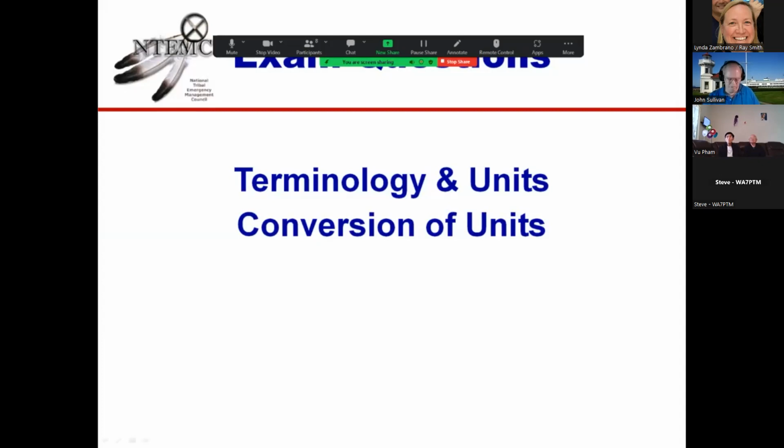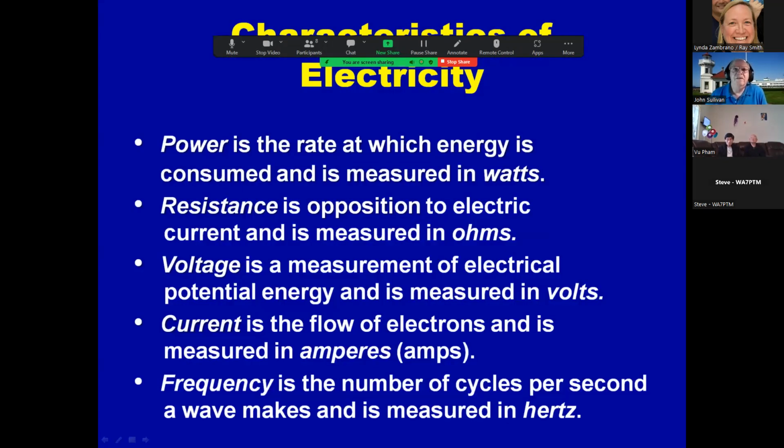So hopefully you won't think that the terminology we're going to cover is as much gibberish as that is, but let's take a look. Some terms we want to talk about is power. Power is the rate at which energy is consumed, and power is measured in watts. Resistance, as it implies, is the opposition to electric current, and it's measured in ohms.